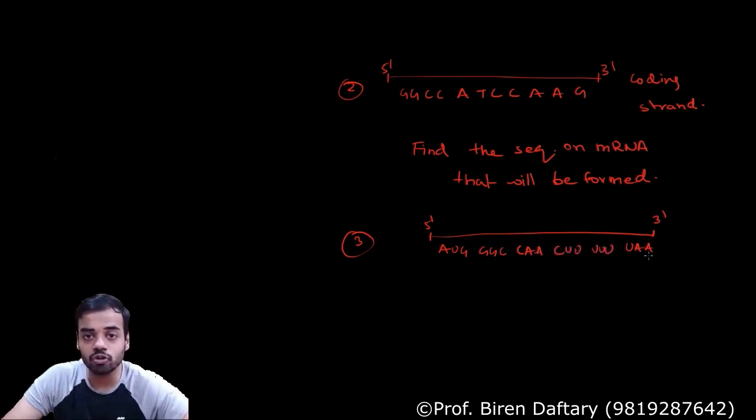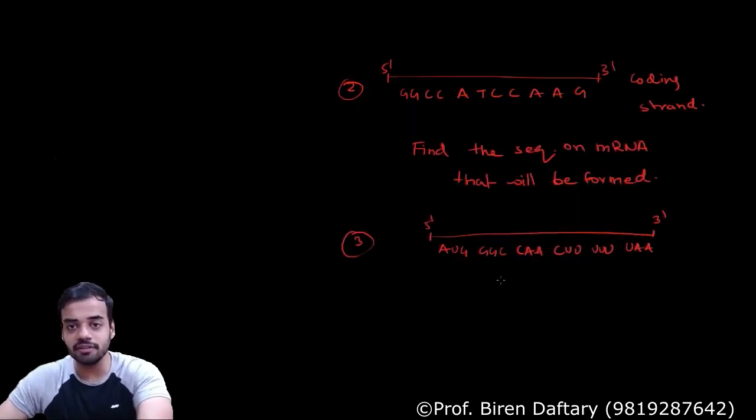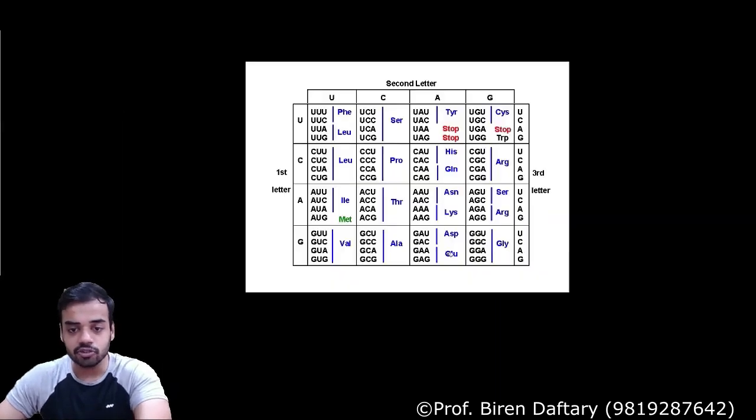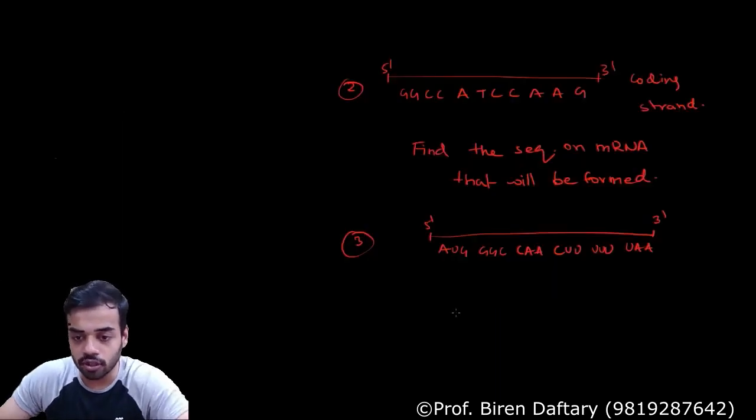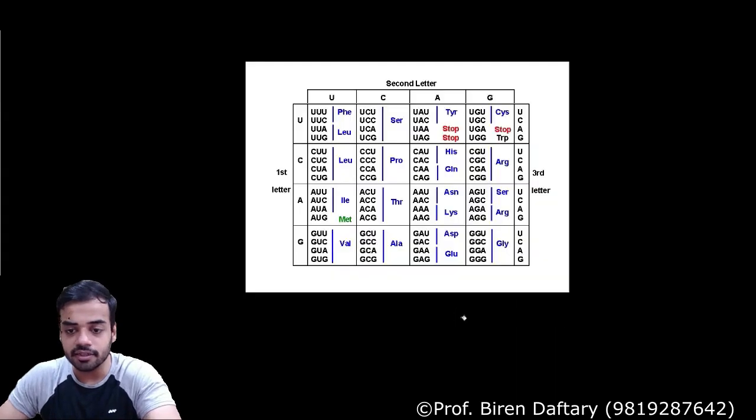What you have to show is the amino acid sequence which will be formed. So you have to use this chart, correct? Very simple, where AUG is there, you have to draw the amino acid chain like this, whatever will be formed, and inside write down the short form. So AUG, here you will write MET, then GGC, GGC will be what?